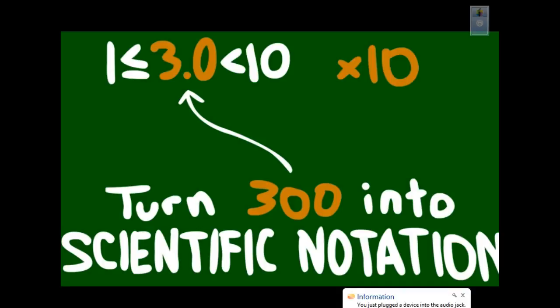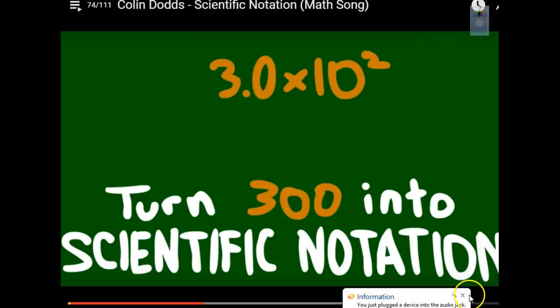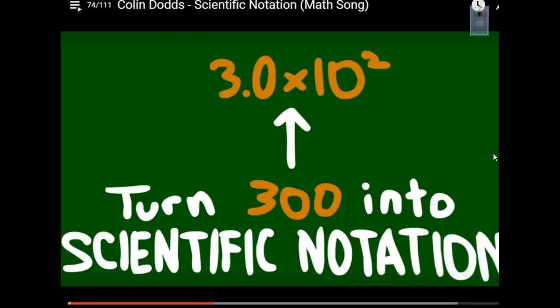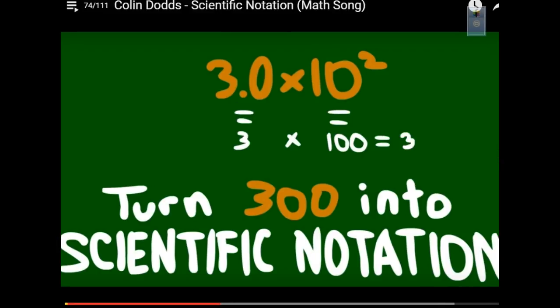Express your number so that it's more than 1, but less than 10. Take that number and multiply it by 10 to the proper exponent. 300 in scientific notation is 3 times 10 to the power of 2. 10 to the power of 2 is 100 times 3, that's 300.